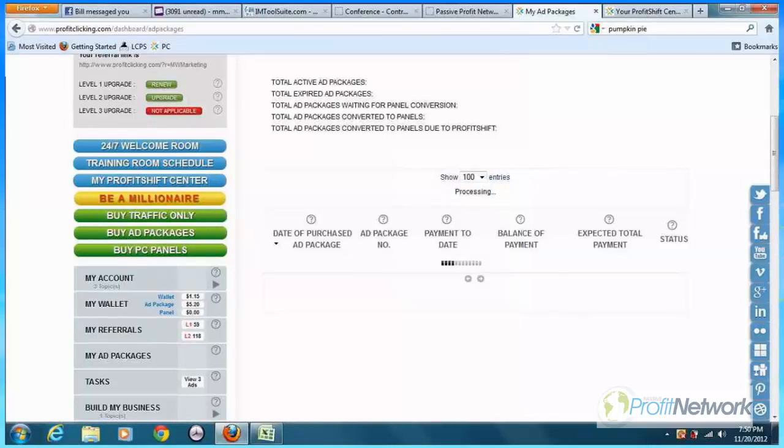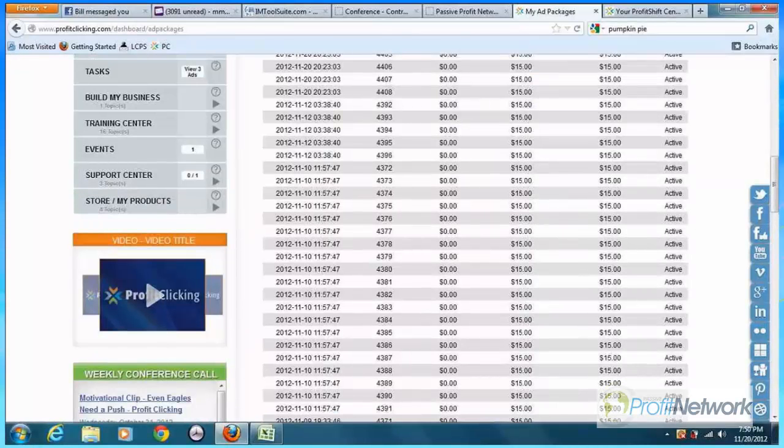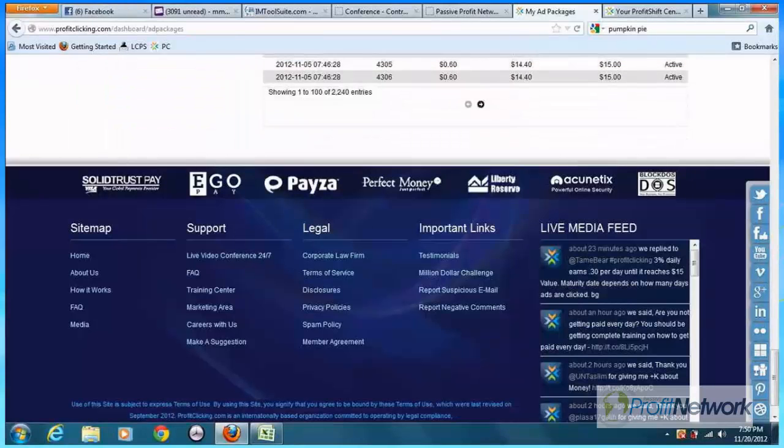Click on show 100 entries. That way you can see, maximizing the chart here, all the ad packages that I purchased after October 25th. So what I'm going to do is just scroll over a few pages.